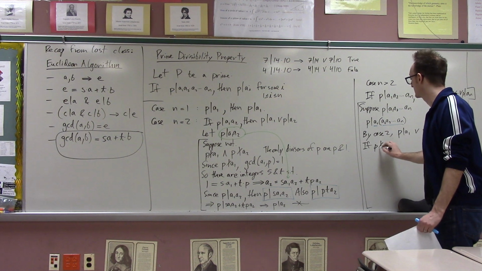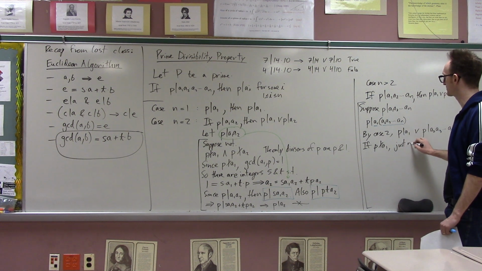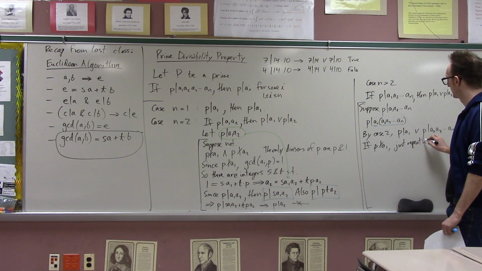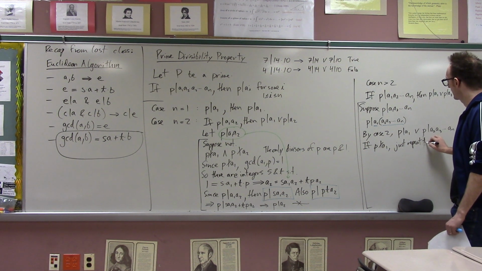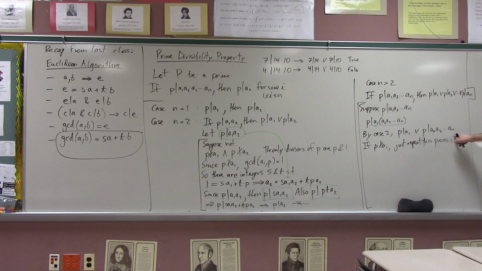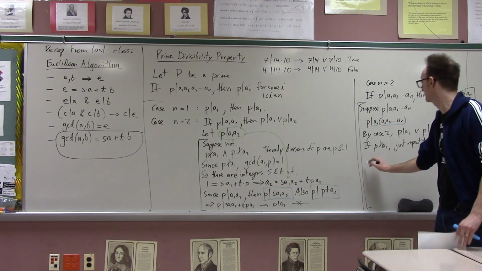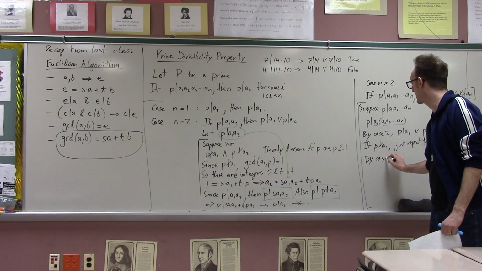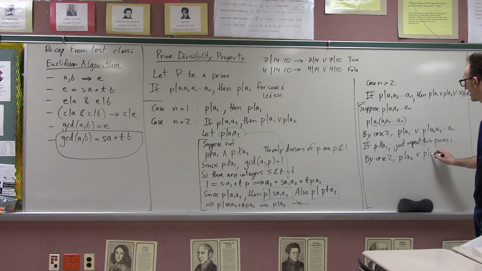If P doesn't divide A1, then just repeat this process. And now it must divide one of these. Okay, so eventually we get, by case 2 again, that P divides A2 or P divides A3, A4 to AN.